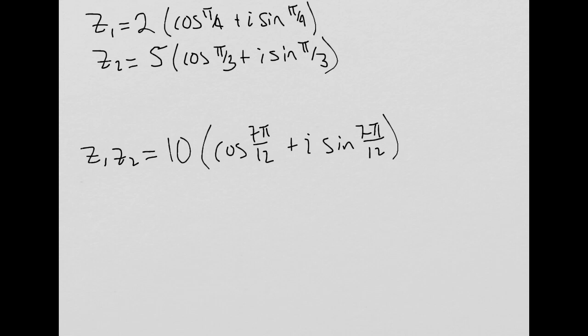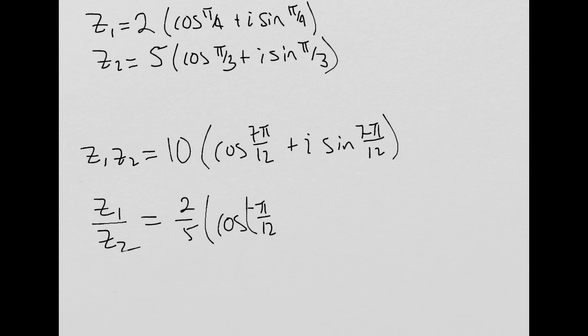And similarly, if I took Z1 and I divided that by Z2, I'm going to get 2/5 as my modulus. The cosine, if I take pi over 4 and I subtract pi over 3, I get negative pi over 12 plus i times the sine of negative pi over 12.